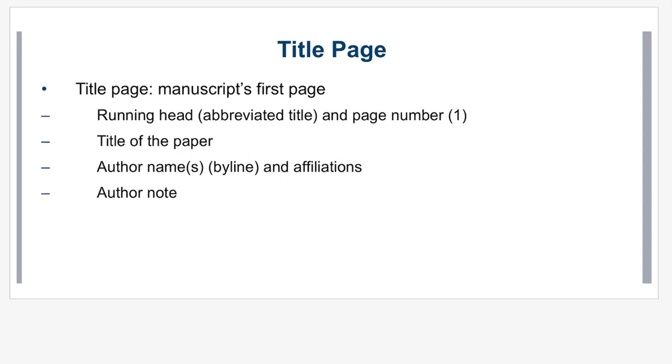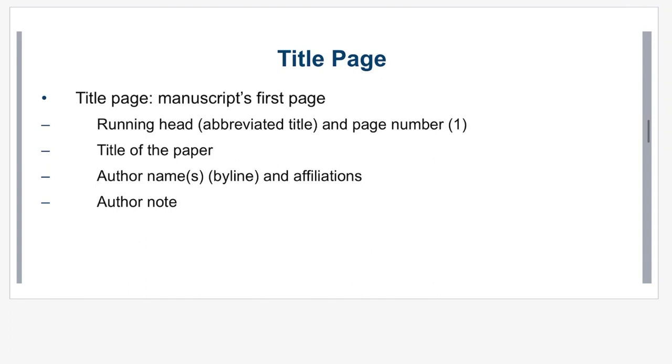As far as the title of the paper goes, your book reminds you, and I would remind you as well, that for titles of research reports, you want meaningful words in your title, right? And you want to get right to the point.